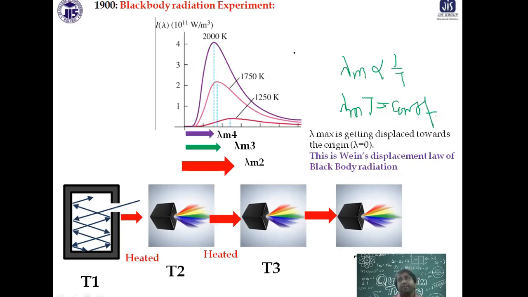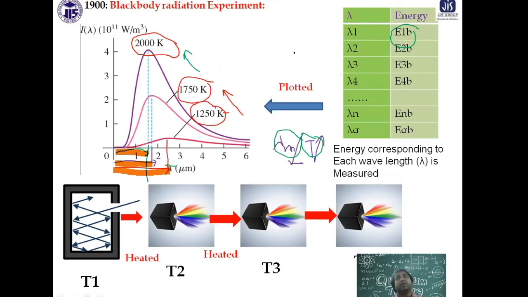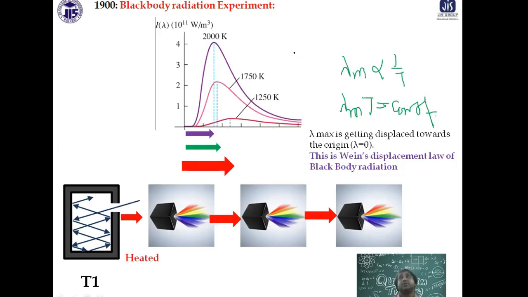If you look at the description, I defined what a black body is in practice. We have heated the black body. Because of heating, the energy for every wavelength was measured and plotted, and these graphs are obtained. By analyzing the three graphs, you can realize that as the temperature is rising, the maxima is reached more quickly.